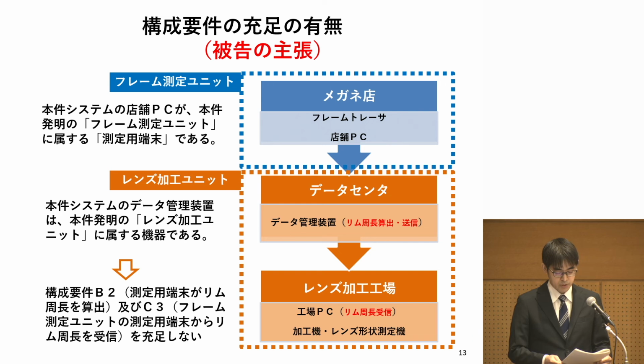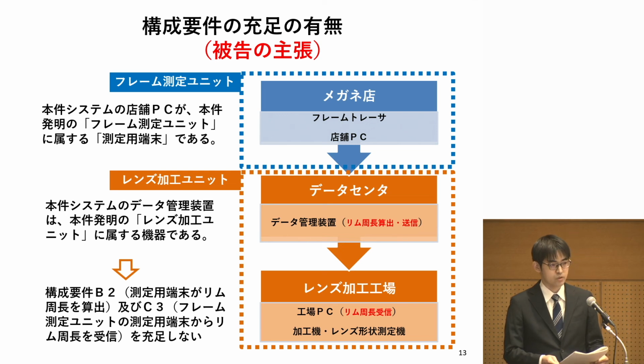The main reason for this is that in the invention, the measurement terminals of the frame measurement units are designed for distributed processing. On the other hand, the data management device of this system is connected to the shop PCs of multiple opticians' shops and is designed for centralized processing.